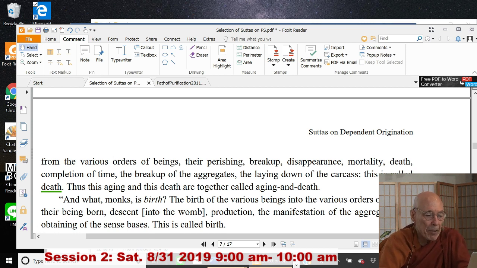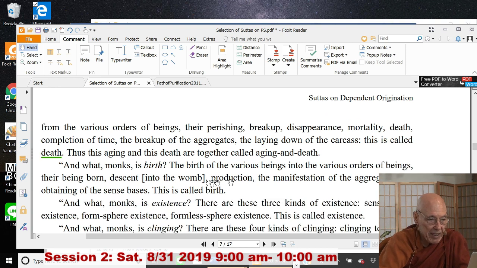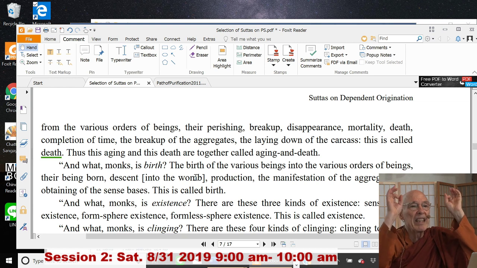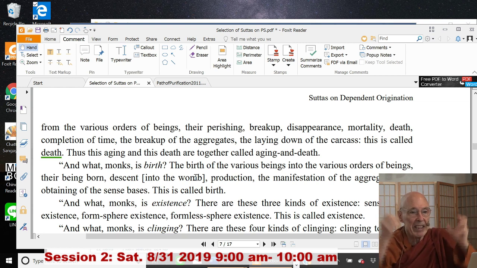Okay, then we come to birth. So what is birth? So first, the text uses some conventional terms for birth. And actually, strictly speaking, what's meant by jati would be conception. In the case of a human being, conception in the womb, rather than the coming out from the womb.